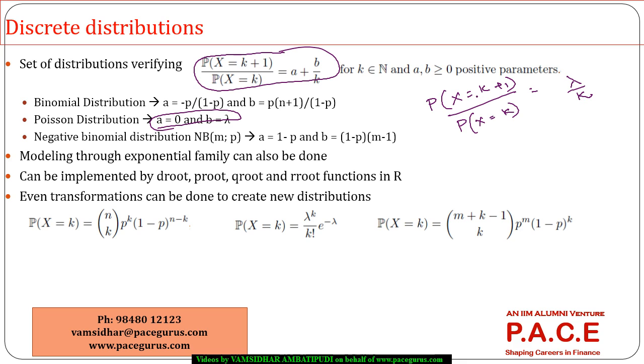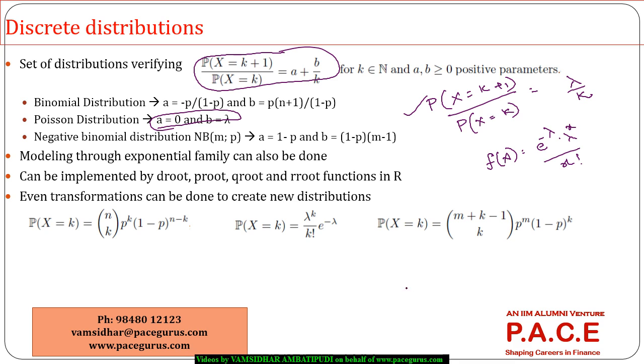Just let's test it out. What is the density function associated with the Poisson distribution? f of x is nothing but e power minus lambda, lambda power x by x factorial, right?